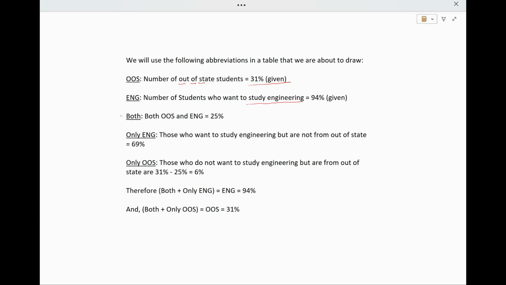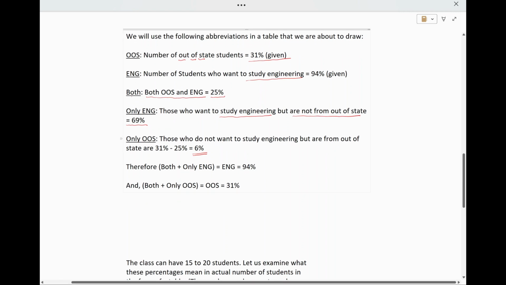The category both means both OOS and engineering, and we have found out just now it is 25%. Only engineering are those who want to study engineering but are not from the state, and we have just now found it is 69%. And the last category is only OOS, that is those who do not want to study engineering but are from out of the state, which is 6%. We have also found it out.